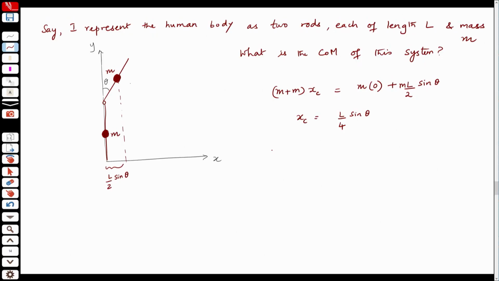Similarly, to find the y coordinate, I have m plus m times yc. For this particle, the y coordinate is L by 2. For the other, the y coordinate is L plus L by 2 cos theta.